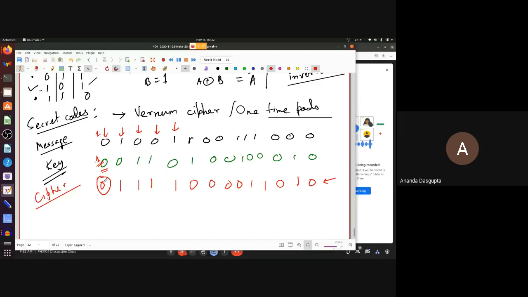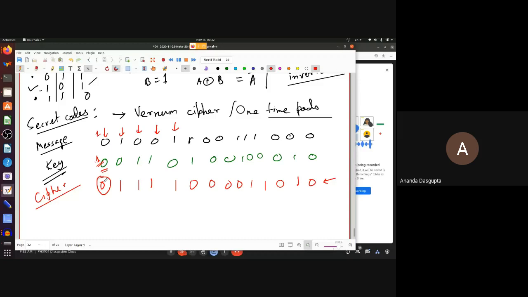And frankly, what this means is if you are just given the cipher message, the only thing you can say about the message is how long it is, how many bits it has. Other than that, every message which has the same number of bits would be equally likely, because one or the other random key would have given you that, and there is no way you can actually claim that this random key is better than that random key.